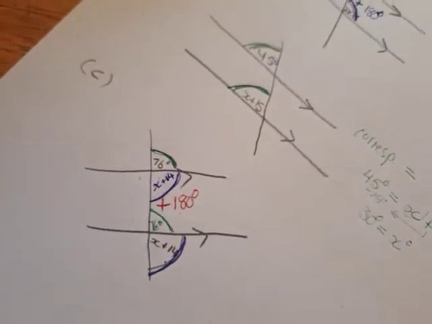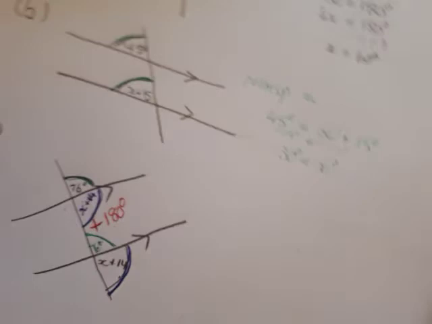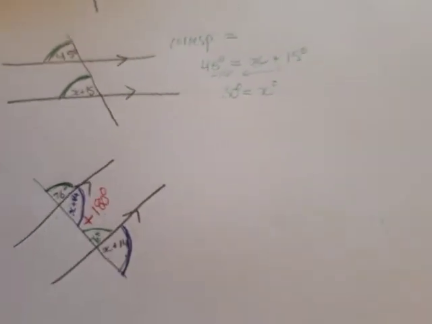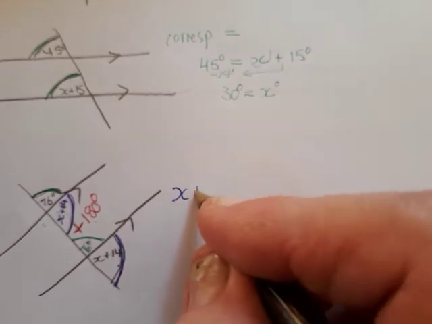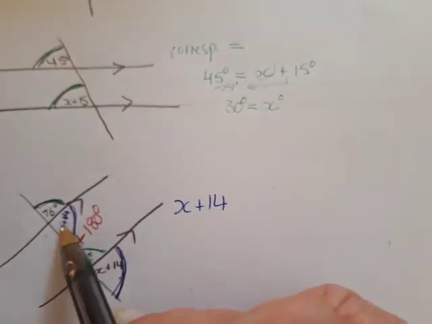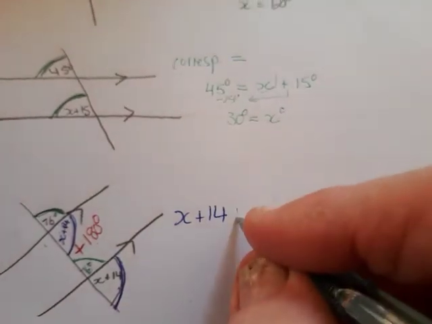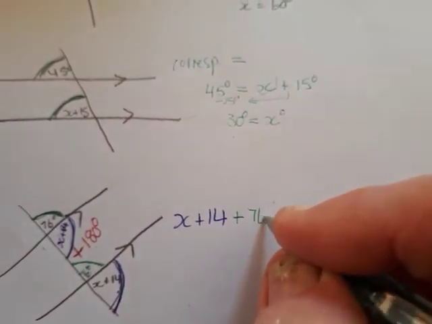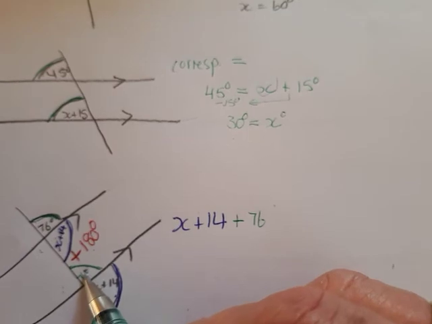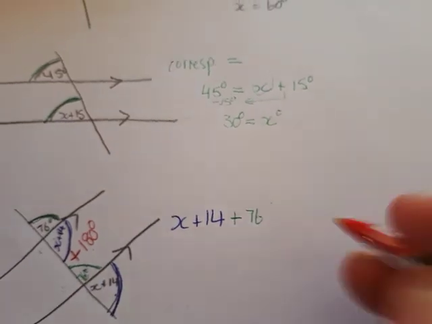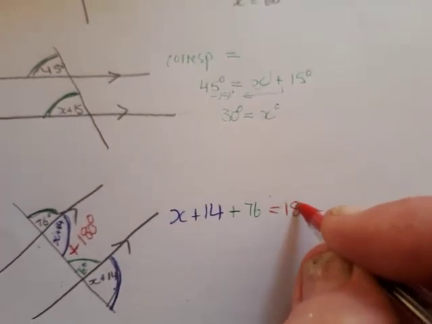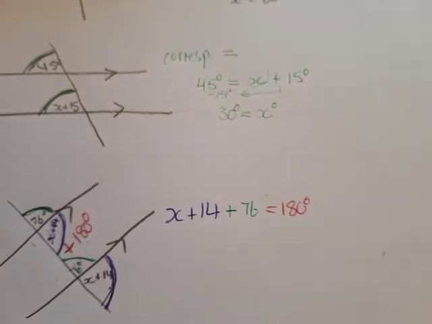That is co-interior angles. So therefore, we can now say that x plus 14, which is that one, plus 76, which is that one, equals 180 degrees.